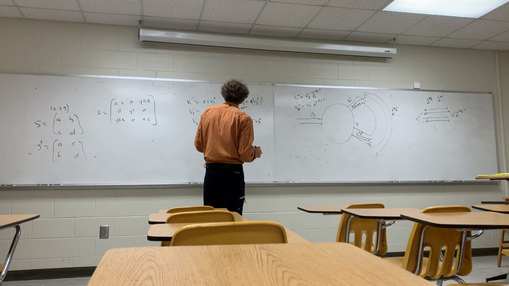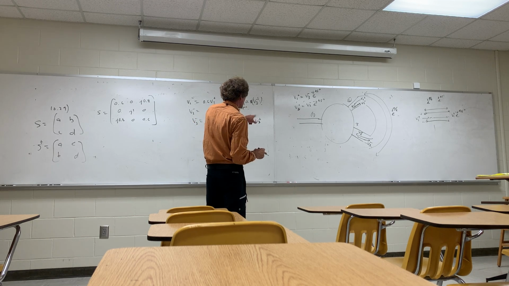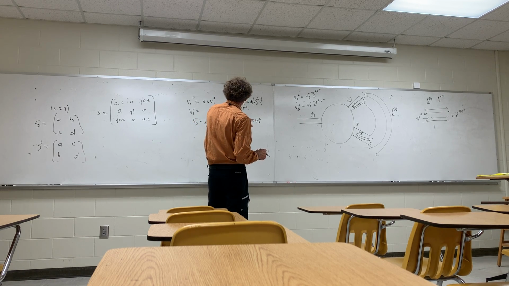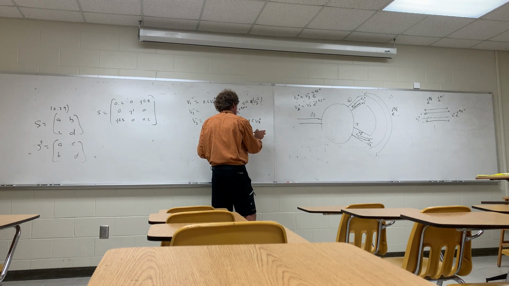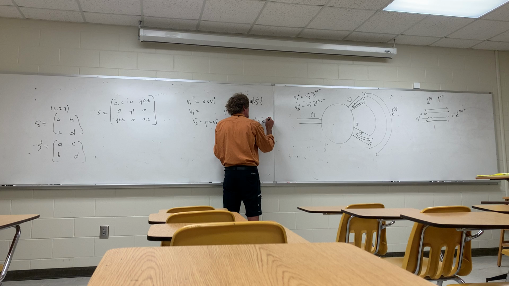And I have V3 plus. I think this will do it. So I got V3 plus here, and I'm just gonna make that V2 minus times e to the minus j 45 degrees.